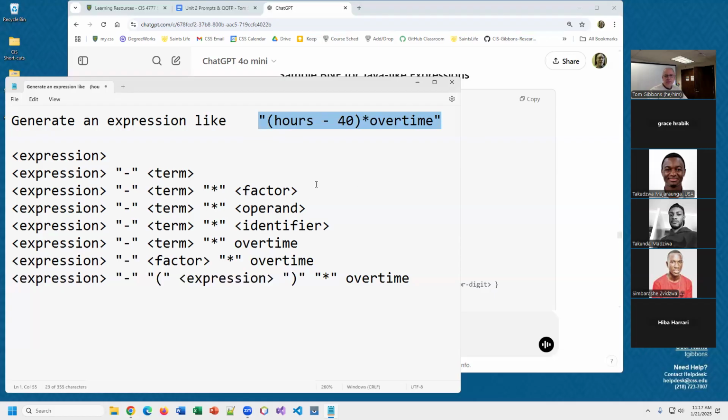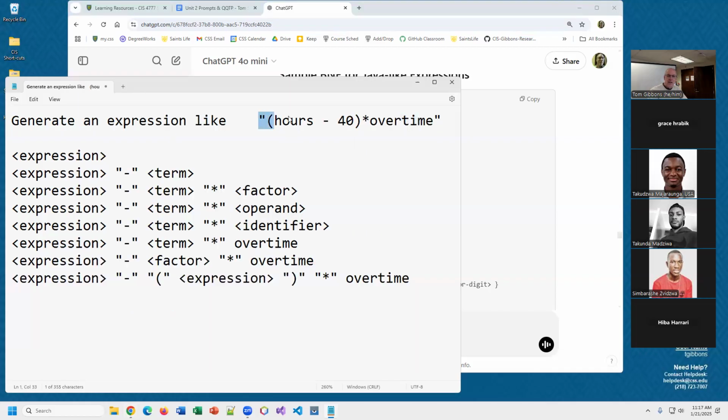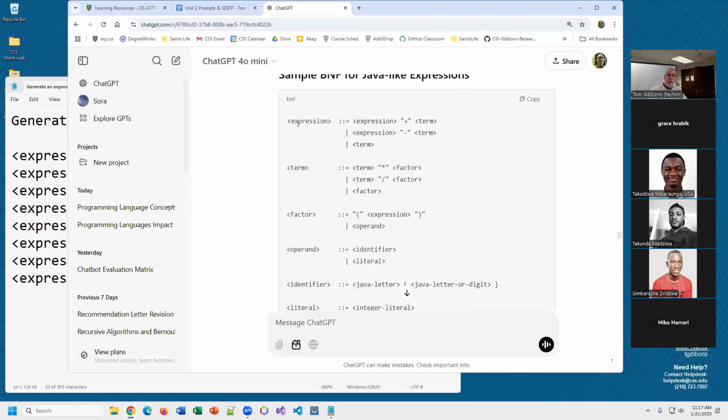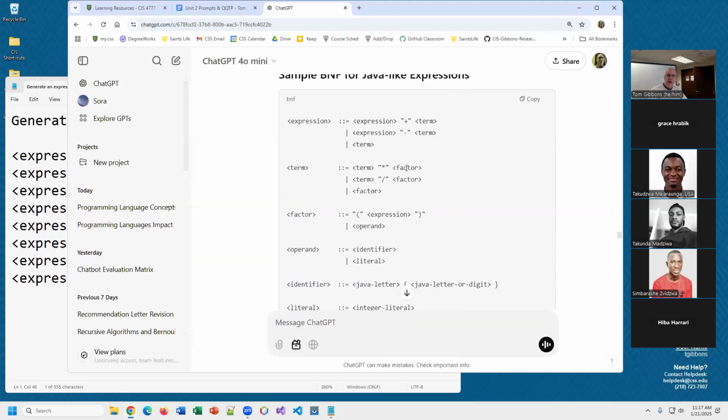Now the question comes up: is there an error in this grammar? Can that grammar be used to generate this expression here? And so that, again, is a good challenge. What would you have to do? Expression to term, term to factor right away, factor to parentheses with an expression there. But that would let me do this, but not this multiplication here.